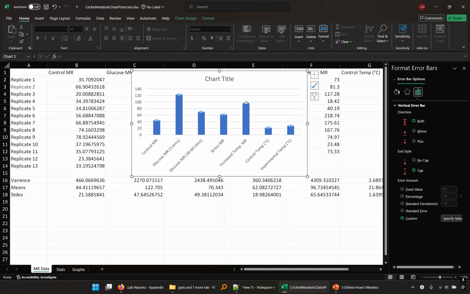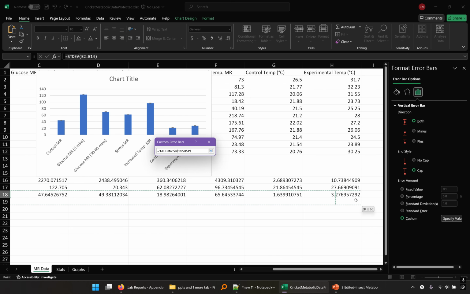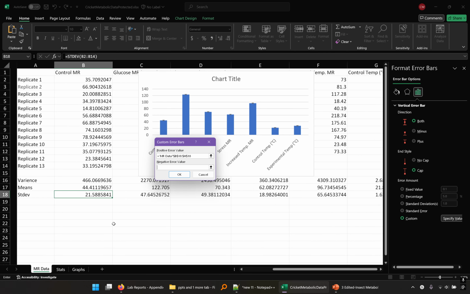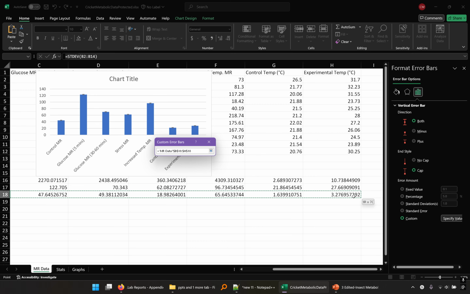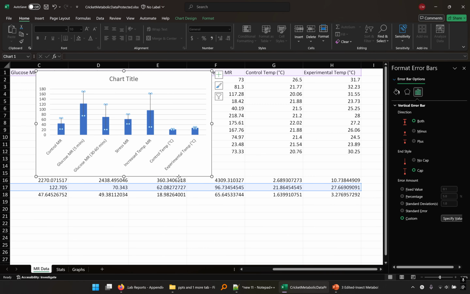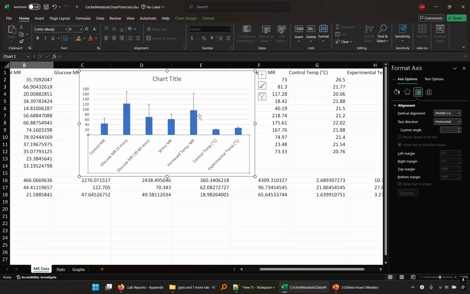You see I clicked on the error bars, and then because I already had this menu on the side, I can go into custom, specify values, positive error, you want to select, then negative error, you would highlight the same values, click on OK, and you can see immediately error bars are produced for each one.